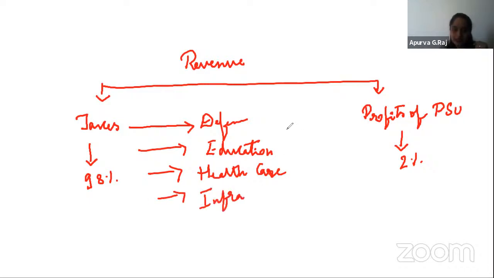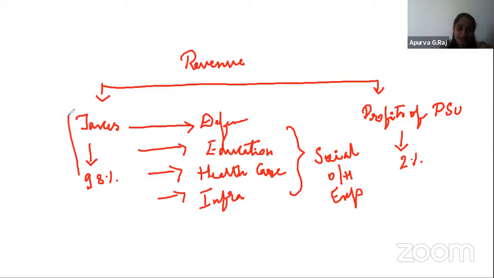These in total are called social overhead expenditure. To whom? To the government. That's why taxes are one of the sources of income to the government. Okay, next part.